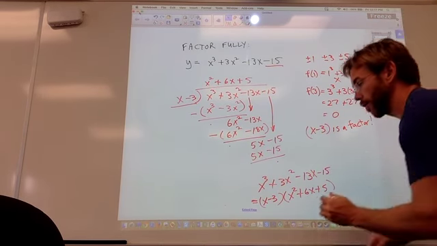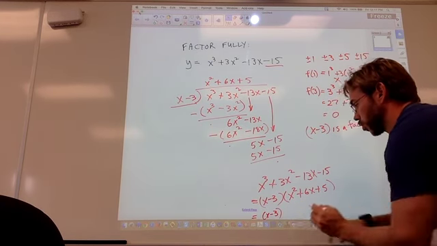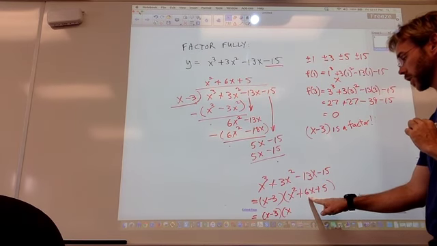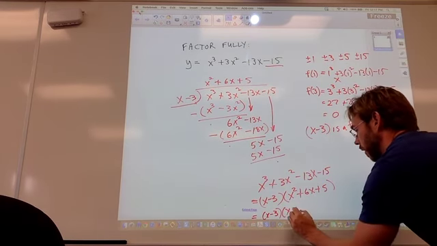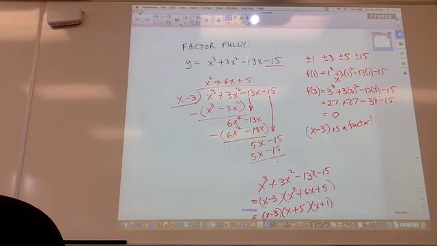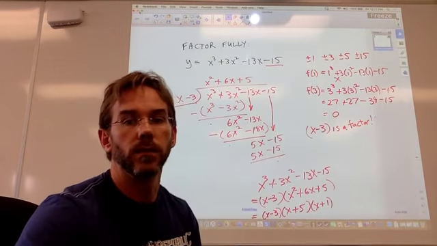We use our quadratic factoring skills to factor this simple trinomial, two numbers that multiply to 5 and add to 6, or 5 and 1. So I can factor that right away, and there's my fully factored form. In order to find that, I had to go through the polynomial division process.